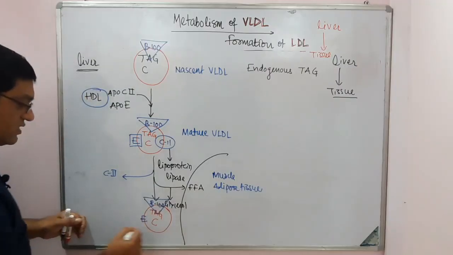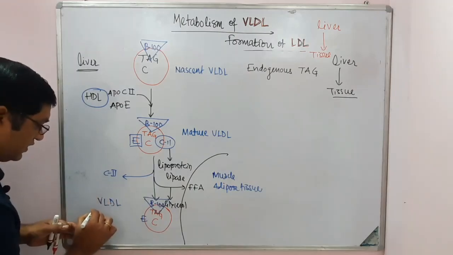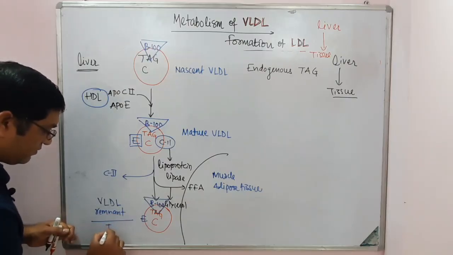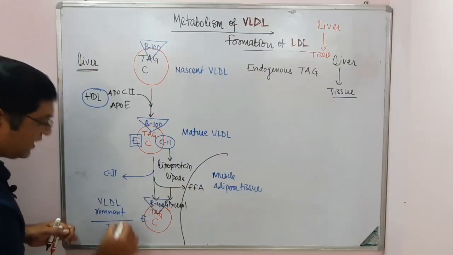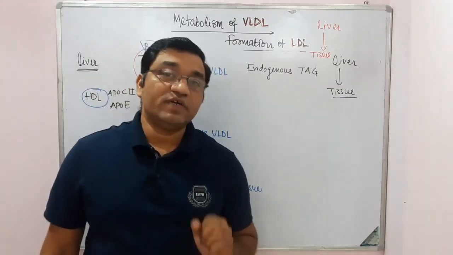So this is known as VLDL remnant, or intermediate density lipoprotein. This is the third step in VLDL metabolism.